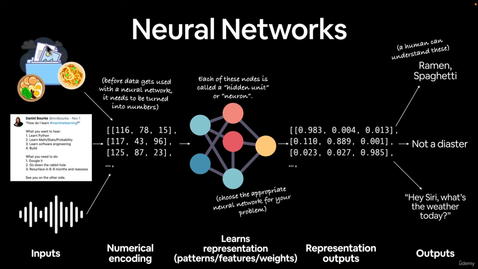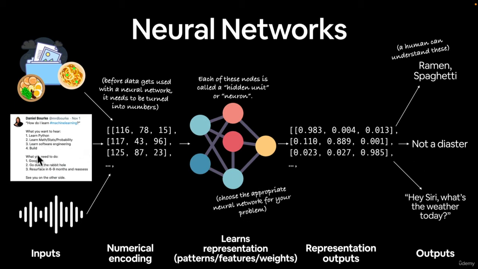So for this example, we might have some input data which are images of food, and then we want our neural network to learn the representations between an image of ramen and an image of spaghetti. And then eventually we'll take those patterns that it's learned and we'll convert them into whether it thinks that this is an image of ramen or spaghetti. Or in the case of this tweet, is this a tweet for a natural disaster or not a natural disaster?